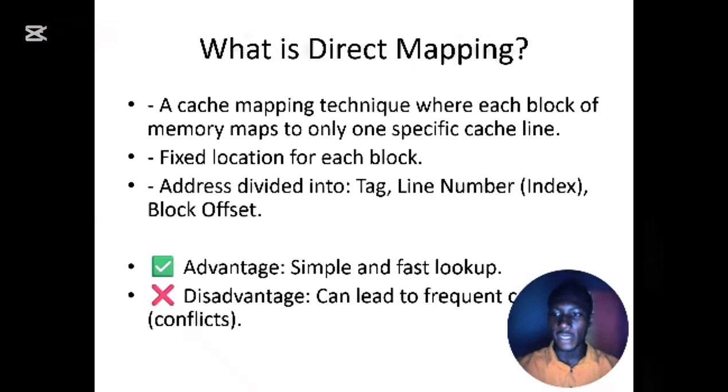The memory address is split into three parts: a tag to identify the block, a line number or index to select the cache line, and an offset to point to the data within the block. The downside is if two blocks map to the same line, they keep replacing each other, causing what's called conflict misses.